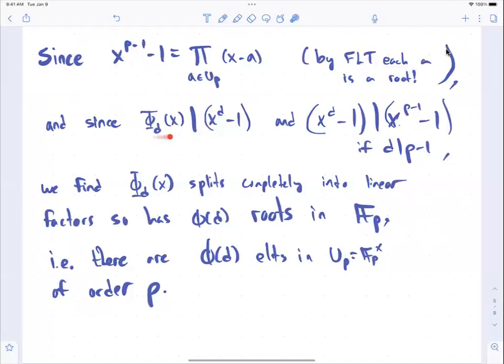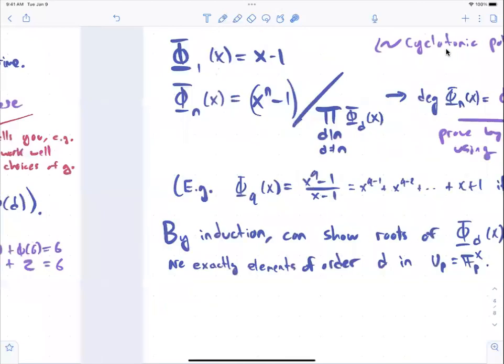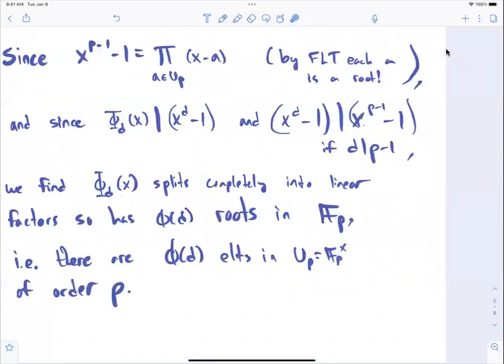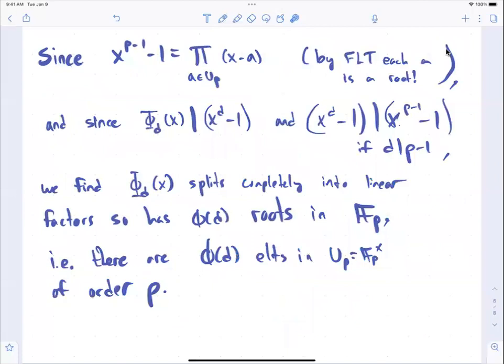But the polynomial phi: if d is a divisor of p minus 1, the polynomial phi_d of x divides the polynomial x to the d minus 1. This is basically by definition, since I get phi_n by taking x to the n minus 1 and dividing by some things. So this polynomial divides x to the d minus 1, but then it's not hard to check that because d is a divisor of p minus 1, x to the d minus 1 divides x to the p minus 1 as polynomials.